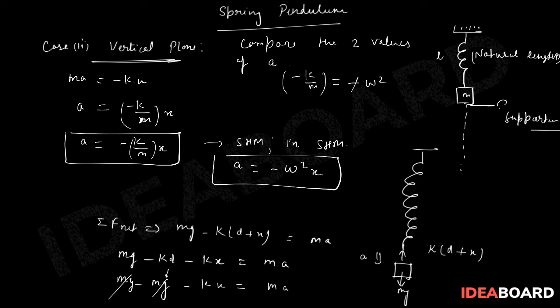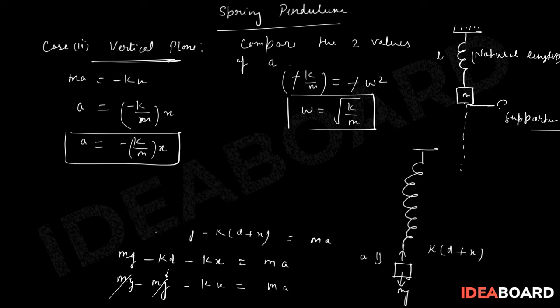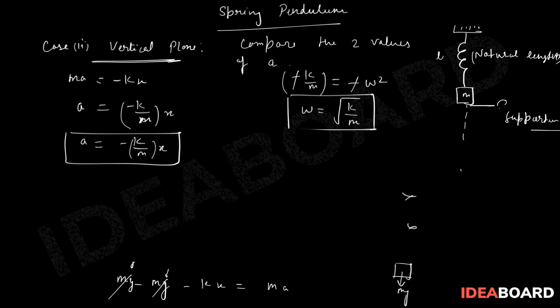So this minus minus is cancelled out. Omega is equal to under root of k by m. So this is achieved, and from here again we can calculate the value of time period which was needed.